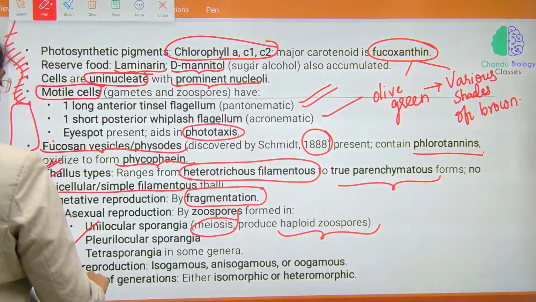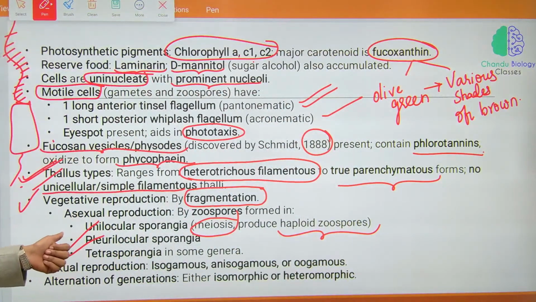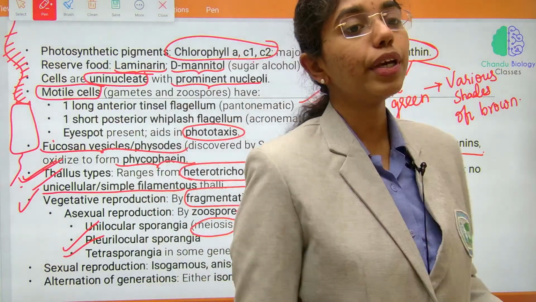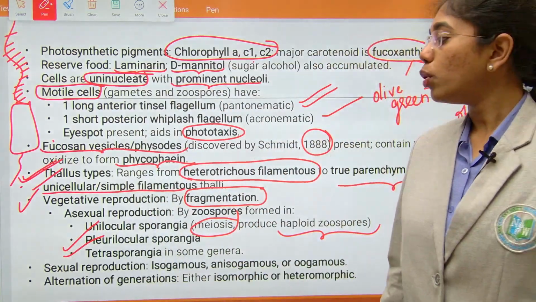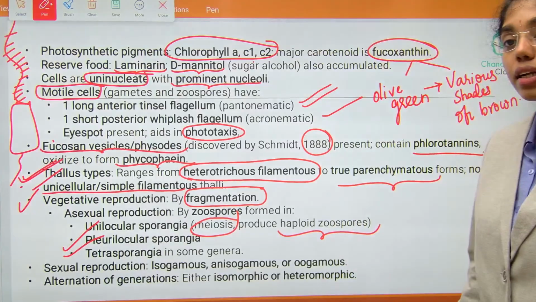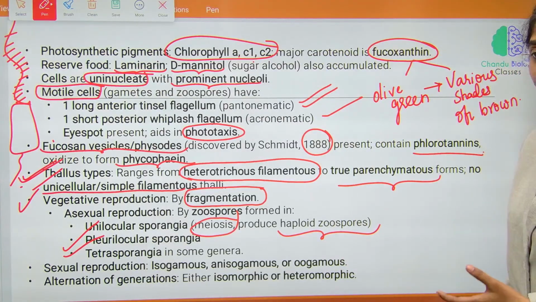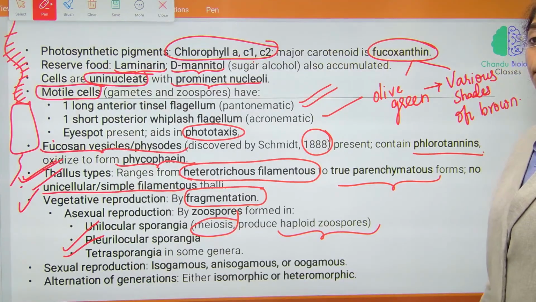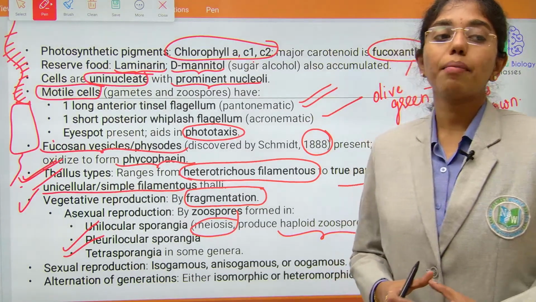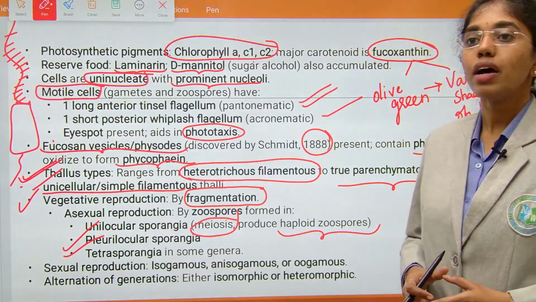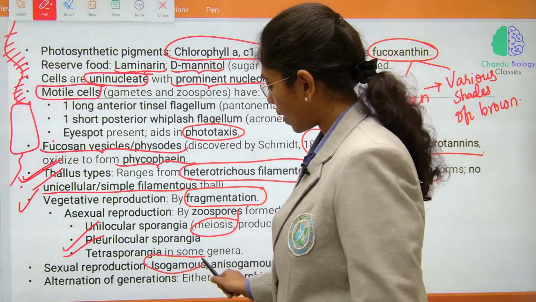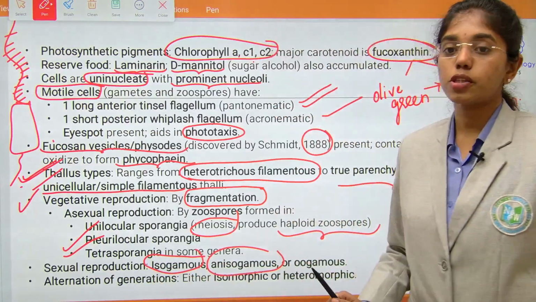We come across two types of sporangia, unilocular and plurilocular. Plurilocular sporangia are present at the terminal ends. We will discuss it in detail in the coming slides. Next, sexual reproduction is mostly isogamous and anisogamous type.